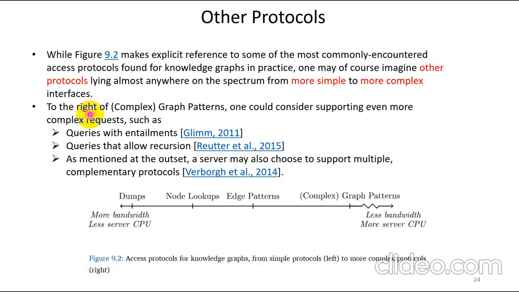To the right of complex graph patterns, one could consider supporting even more complex requests such as querying with entailment, like this. As mentioned at the outset, a server may also choose to support multiple complementary protocols.